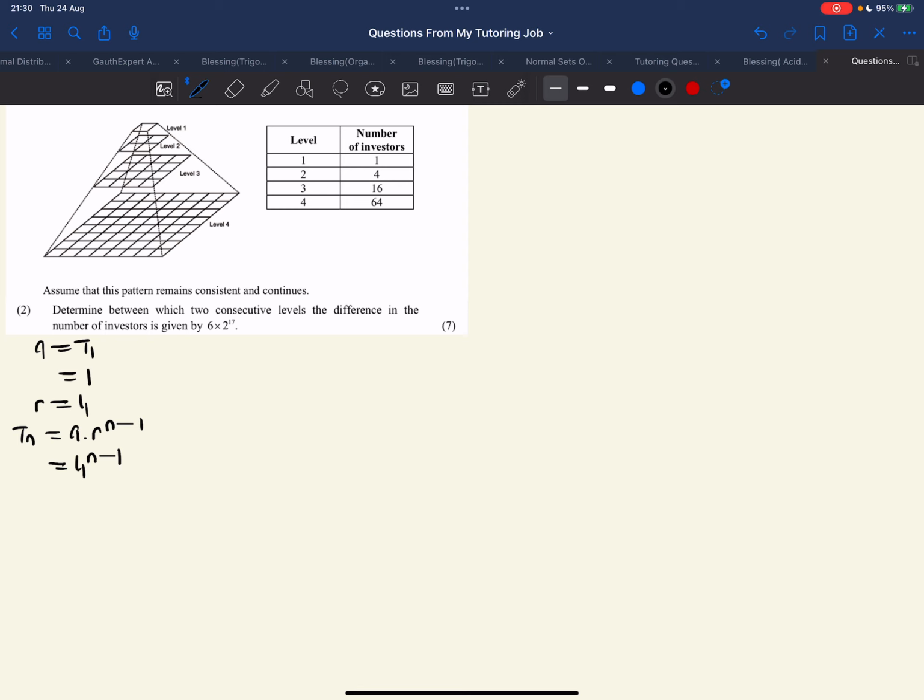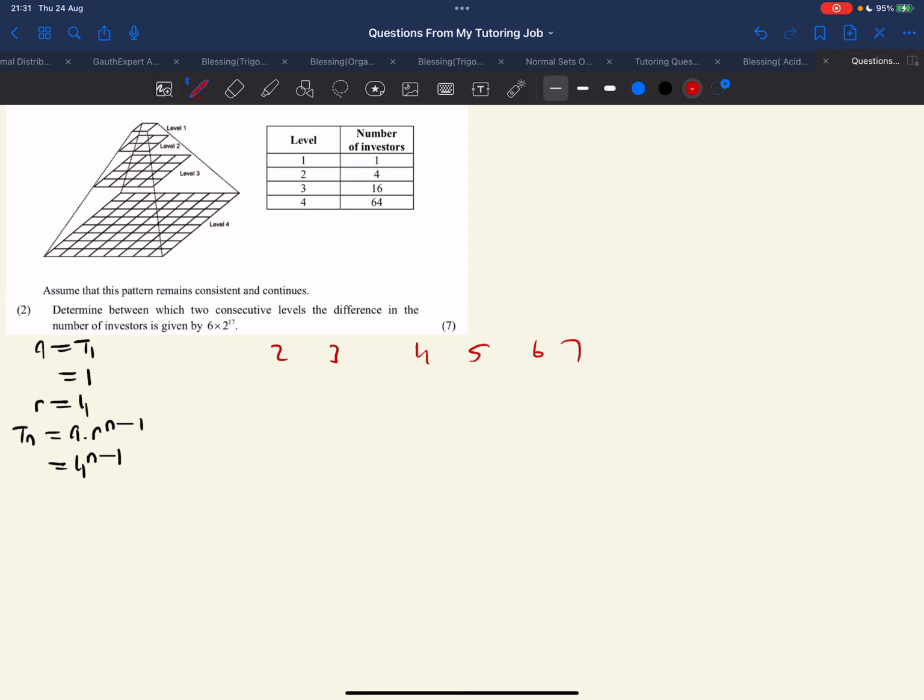And now they say to determine between which two consecutive levels the difference in the number of investors is given by 6 times 2 to the power of 17. By consecutive levels, it means that number can be between level 1 and 2, or between level 2 and 3, or 4 and 5, or 6 and 7, meaning those are consecutive levels.